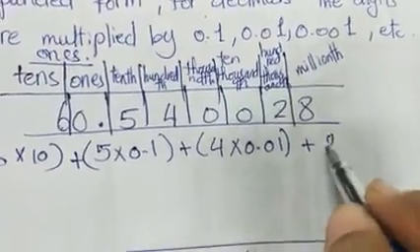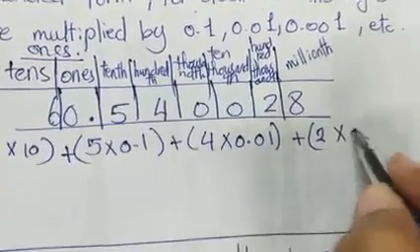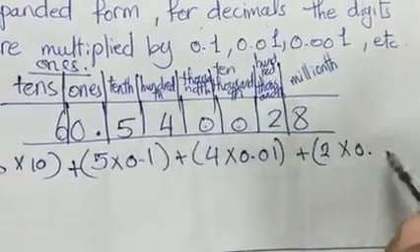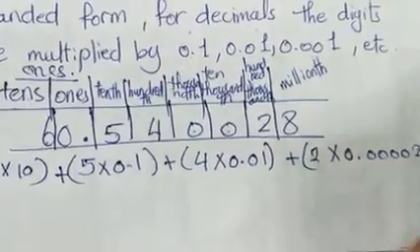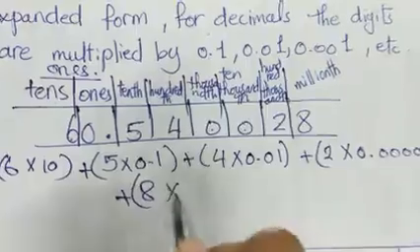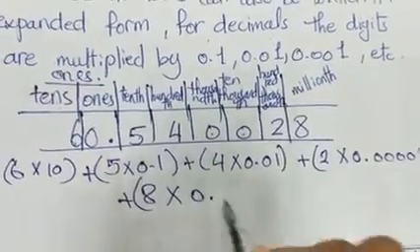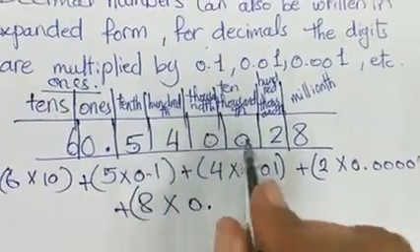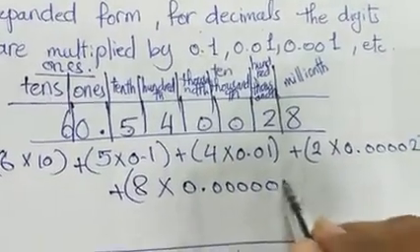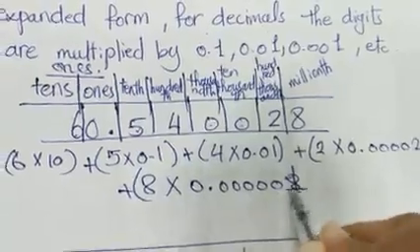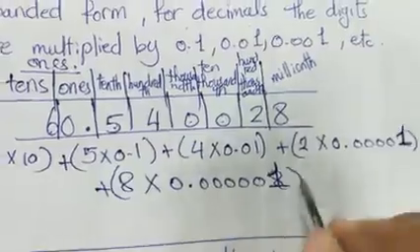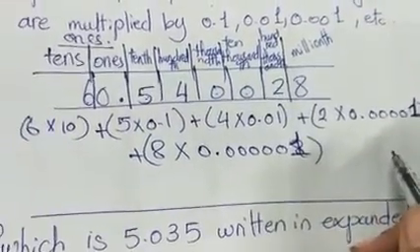I will have 2 times 0.00001, which has 4 zeros, then the 2, plus 8 in the millionths, 0.000001, 5 zeros, then the 8, then the 1. Here of course it's a 1. This is the first way we type the expanded form.